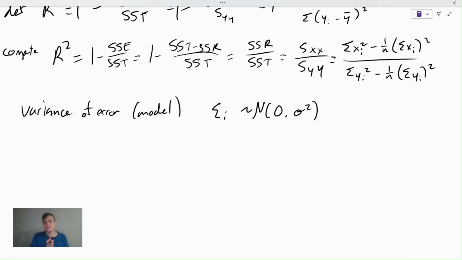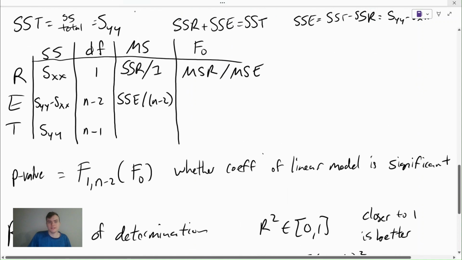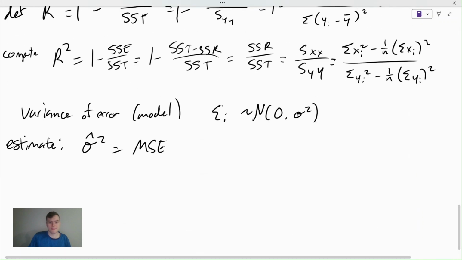So you could look over the i: is the distribution of sigma squared relatively uniform? But before that, let's just ask, what is our estimate for the variance of error, right? Our estimate is sigma hat squared, which we compute by finding the mean squared error that we talked about above, in the ANOVA table.